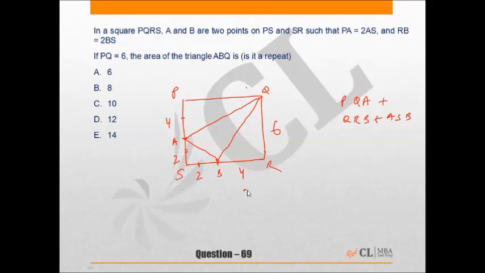So the required area will be 36, that is the area of the square, minus the area of triangle PQA, which will be 1 by 2 into 4 into 6, plus the area of QBR, that will be equal to PQA only, 1 by 2 into 4 into 6, plus the area of ASB, it will be 1 by 2 into 2 into 2, and this comes out to be 10.